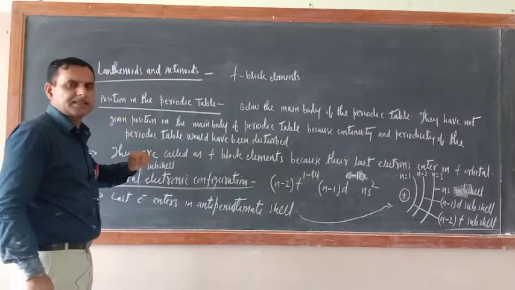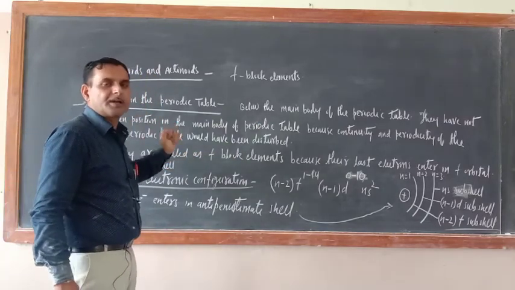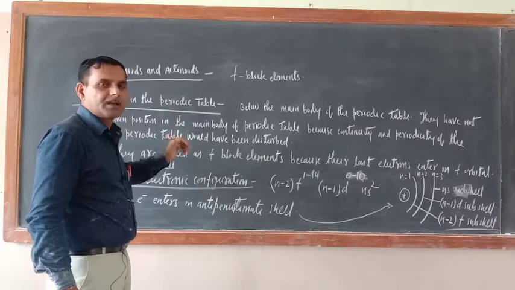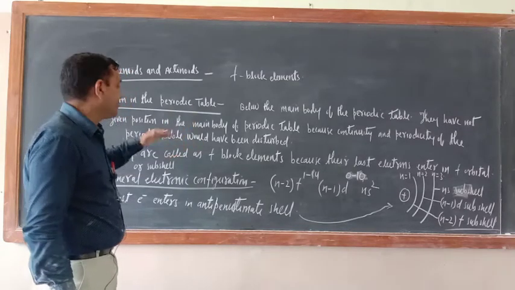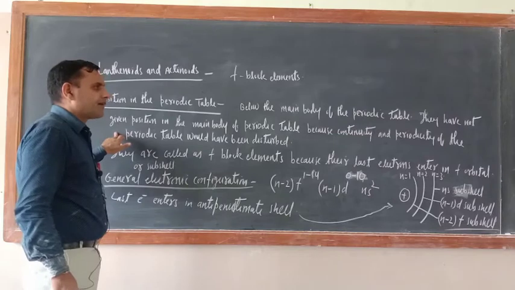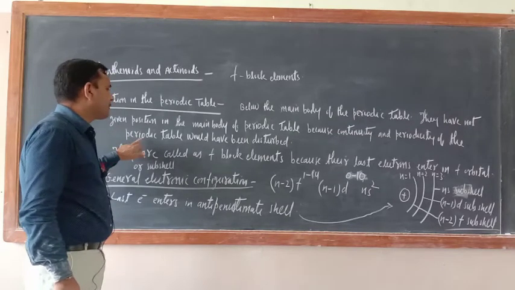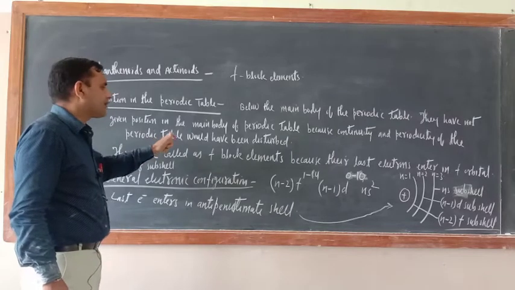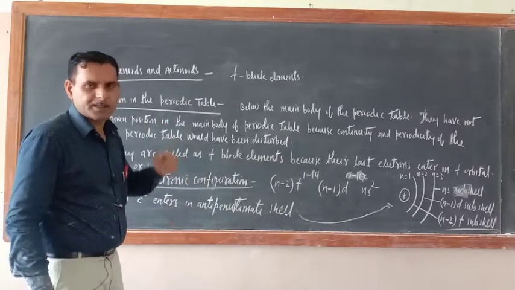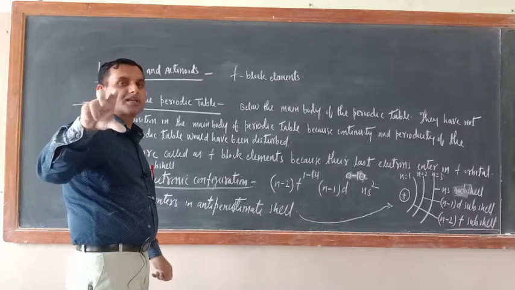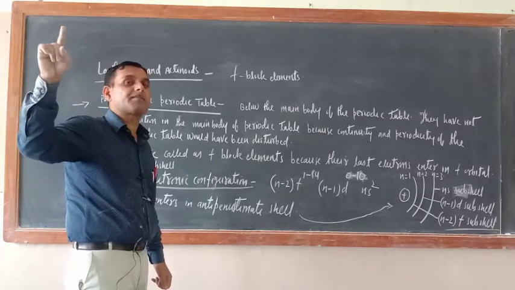The question arises here, why have they not been included in the main body of the periodic table? They have not been included because continuity and periodicity of the periodic table would have been disturbed. Periodicity means occurrence of similar properties in elements.